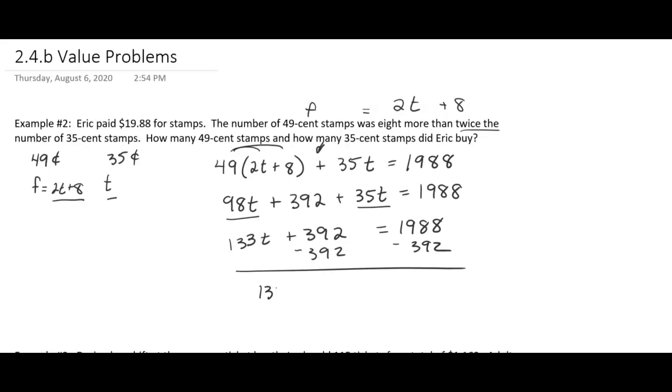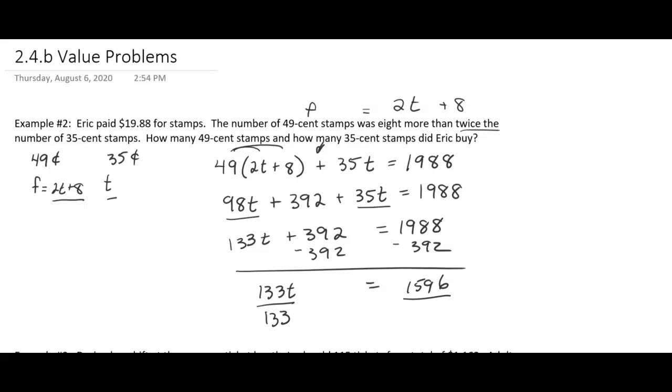So 133T equals 6, 9, 16. No, that's not right. It's 15. Get that out of there. Okay, let me double check my work here. Yeah, that looks good. Okay, divide by 133.